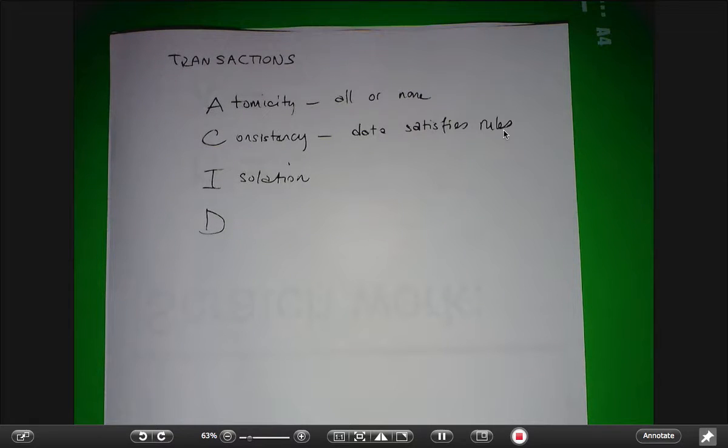I is for isolation. That's the easiest one for all of us to understand. The idea is that when you're writing your program, you don't write it thinking that while I'm changing this data, make sure that this person doesn't change it, this person doesn't change it. You actually don't need to care about who is accessing your data. You write your program assuming you are the only person accessing that data at that point in time.